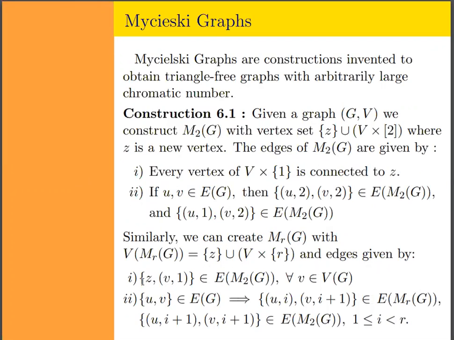The edges here are: all vertices of the first copy of V are connected with Z, and for all other vertices, if UV belongs to E of G, then UI, VI plus 1 is contained in E of MRG, and UI plus 1, VI plus 1 is also contained in E of MRG, for every I with 1 less than or equal to I less than R.